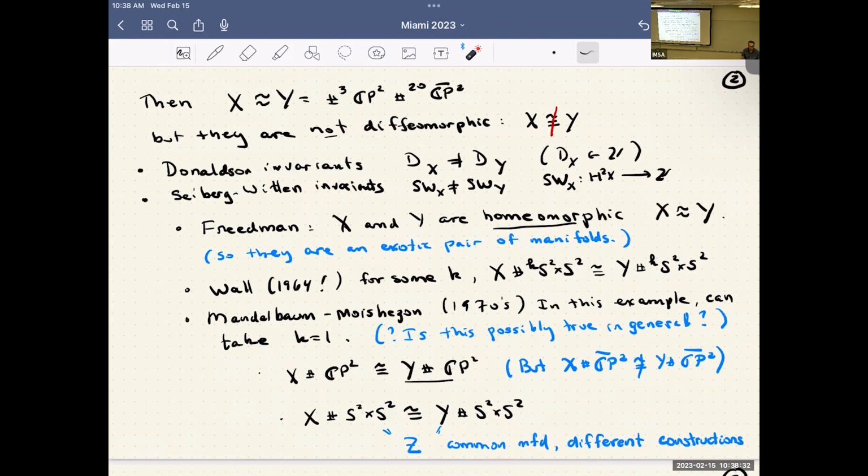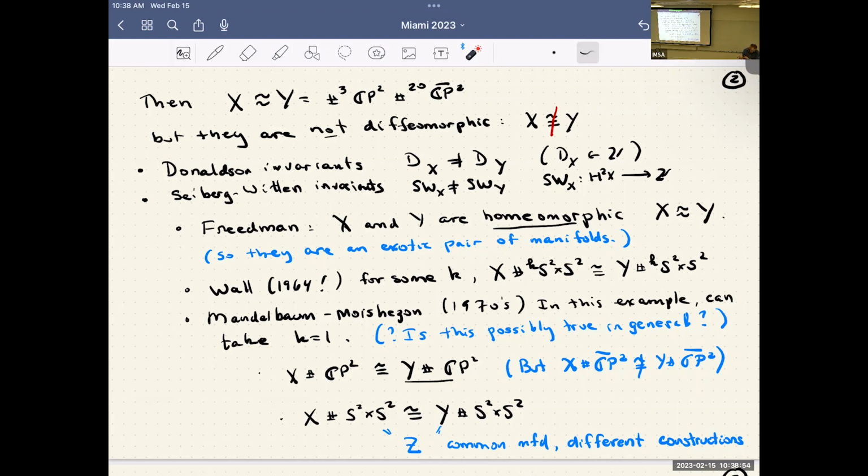If you add CP2 bar, in other words, as in blowing up, then that doesn't actually change anything. So there's some orientation, so one has to be careful about orientations. And anyway, Mandelbaum and Moishezon show that for that particular example, you could just take K equals 1.